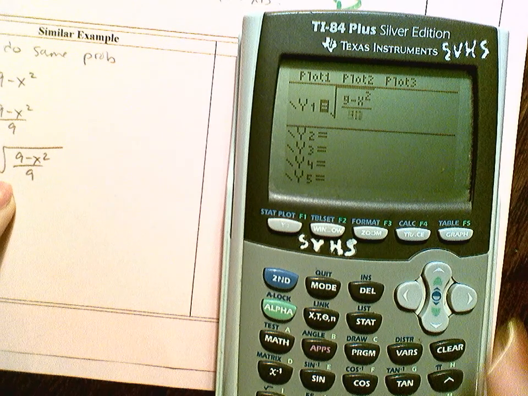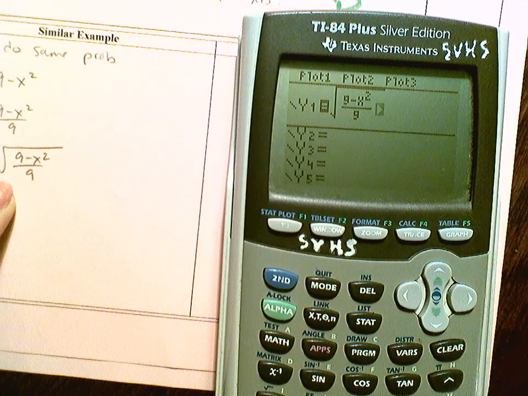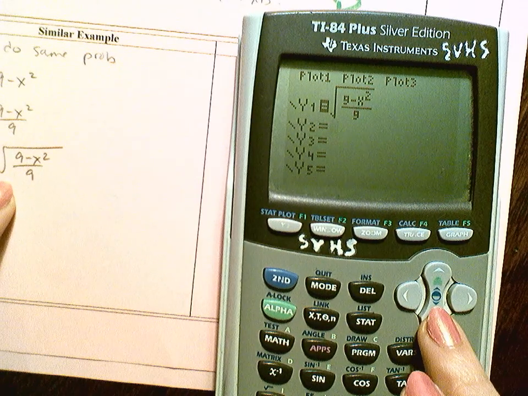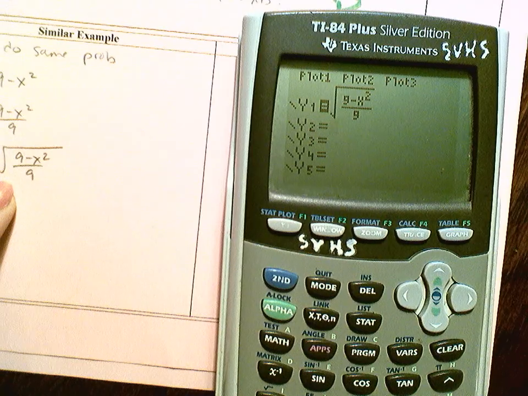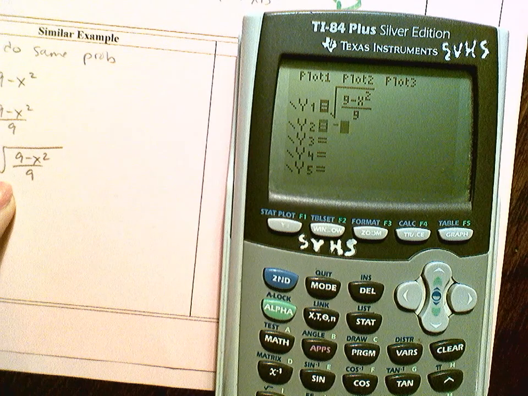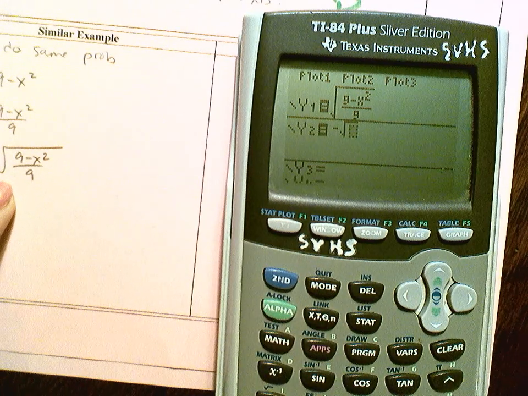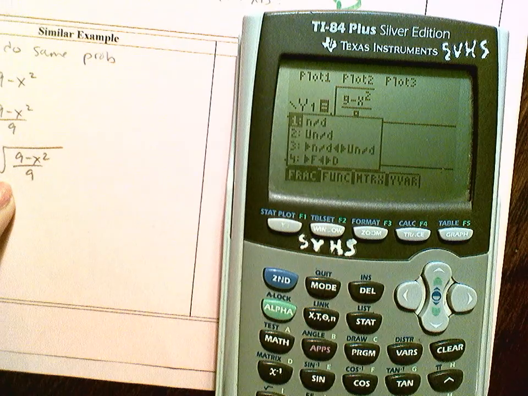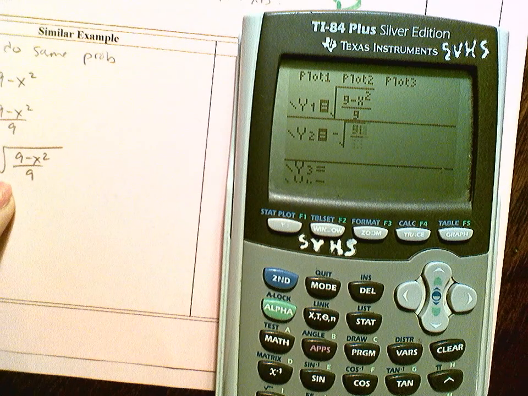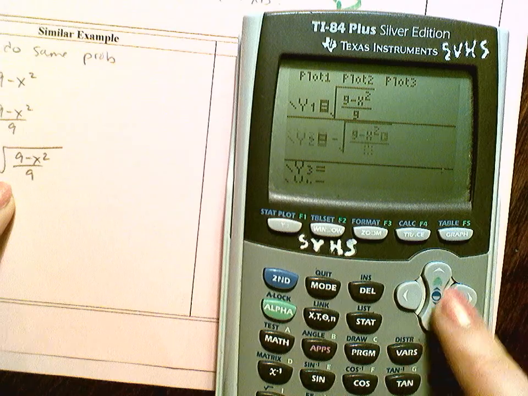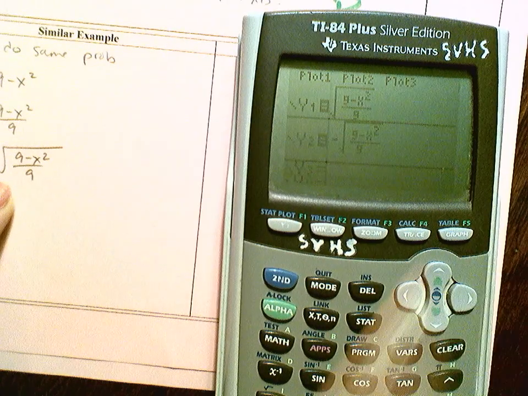This way you avoid having to use a lot of parentheses. Okay, and then the negative part, so negative square root, y equals 9 minus x squared over 9.